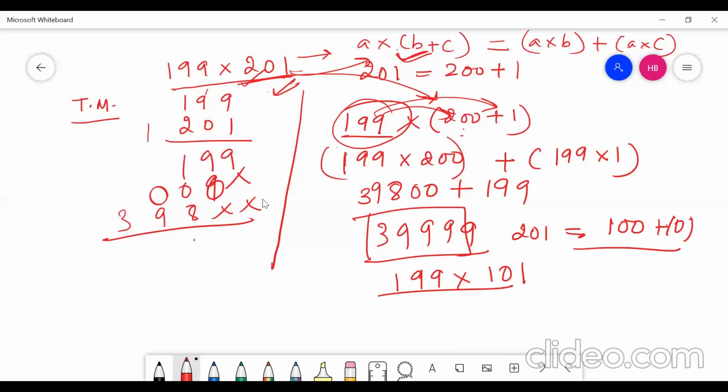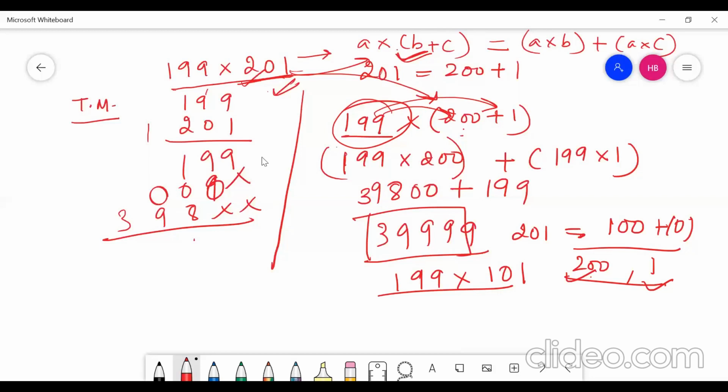So why did I choose 200 plus 1? Because it is easier to do multiplication of 199 with these numbers, right? So whenever you are breaking the number, make sure that you break it into those two types of chunks, so it's easier to multiply the outside number with the numbers inside the bracket, right? So that's how we do it.